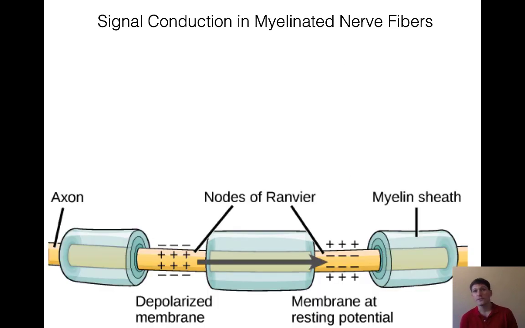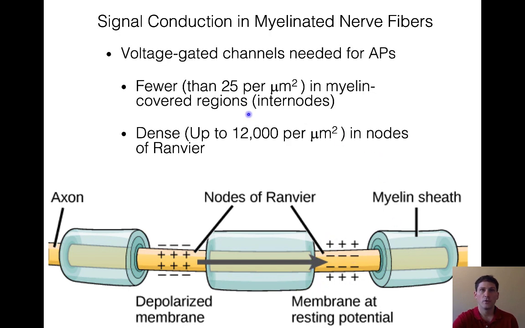If we look a little closer at those myelinated fibers, remember we talked about our myelin sheath, so our oligodendrocytes or our Schwann cells, depending on where we are. In between them, we have those nodes of Ranvier. So in myelinated nerve fibers, our voltage-gated channels are needed for these action potentials to occur.